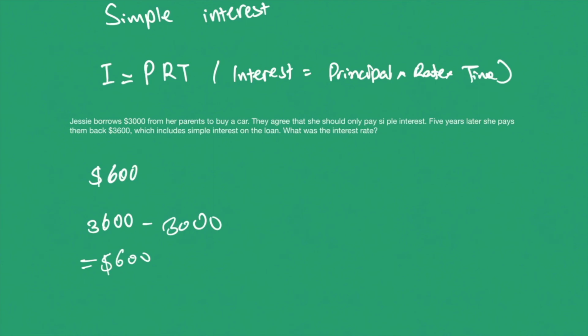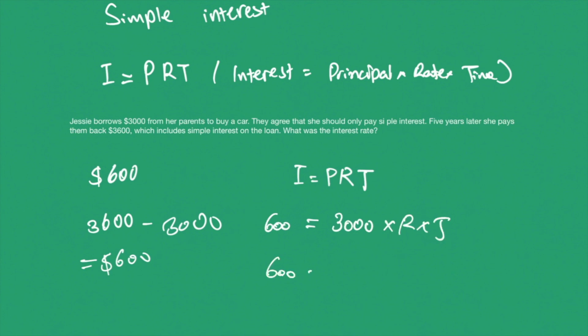Let's go back to the formula. We know that the formula is I equals PRT. The only thing that we don't know is the R, so we can substitute everything that we know: 600 equals 3,000 times R times 5. 600 equals 15,000 times R. R equals 600 over 15,000.